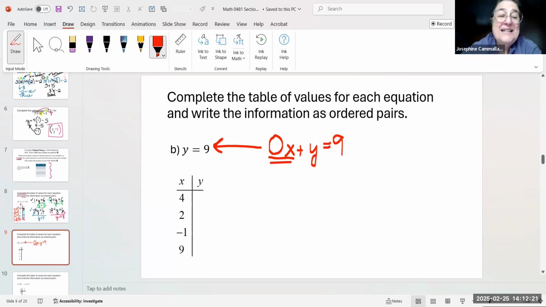This term, 0x, is not there. We don't write that term, but it's understood. And the reason it's most understood is right here. Do you see that everything here is an x?